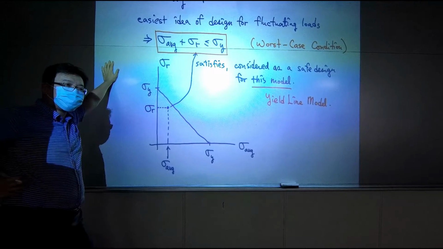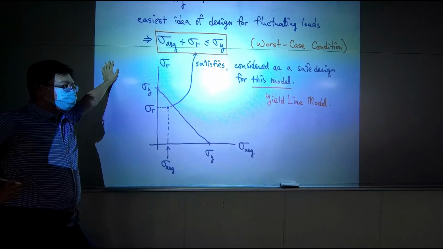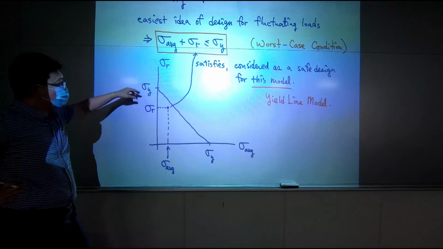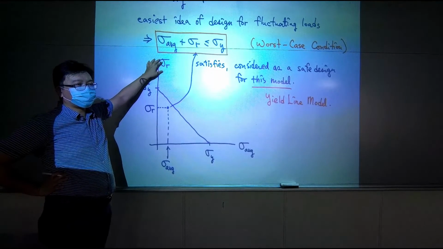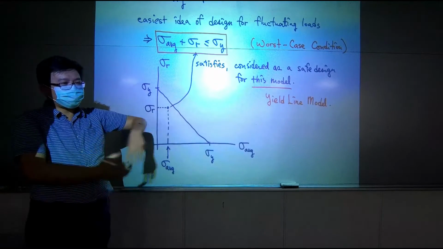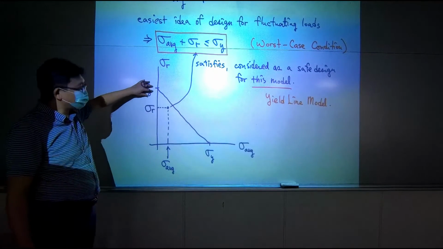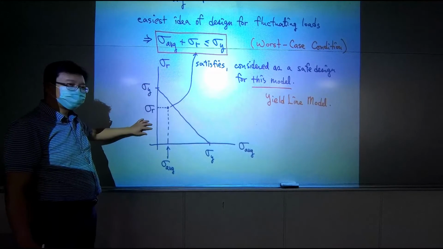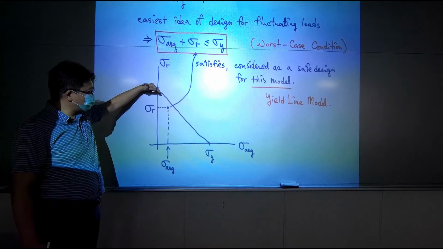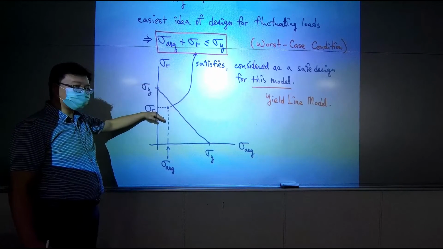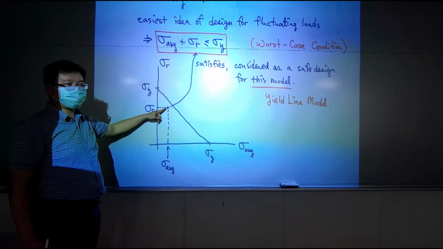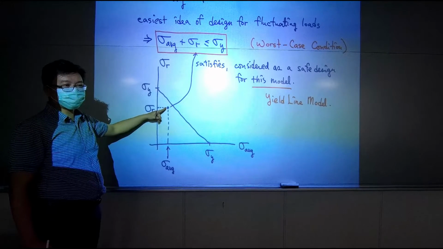But remember what we said earlier. When we begin to have this fluctuating stress, as time goes by, the more cycles you have, we know this value drops. Does that mean at some point this will drop to here, then this design becomes a failed design?